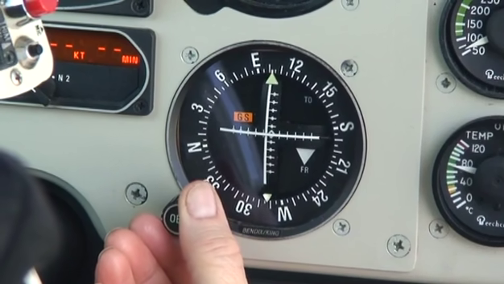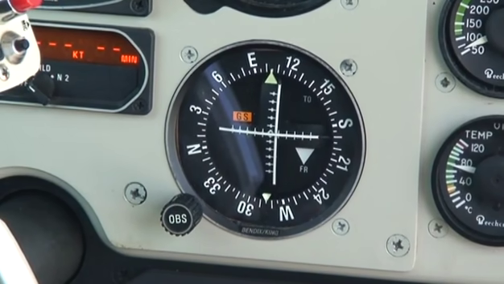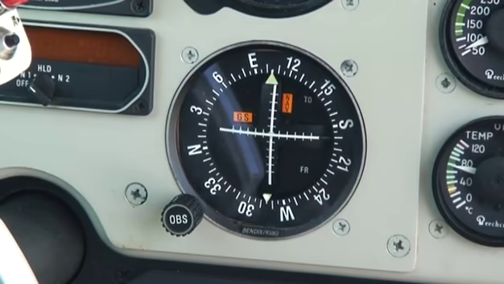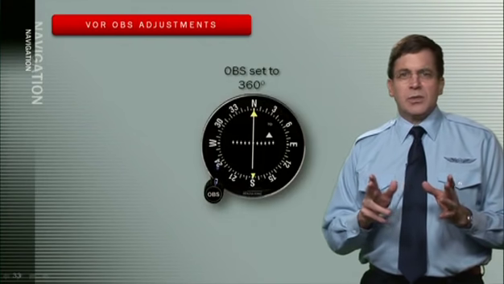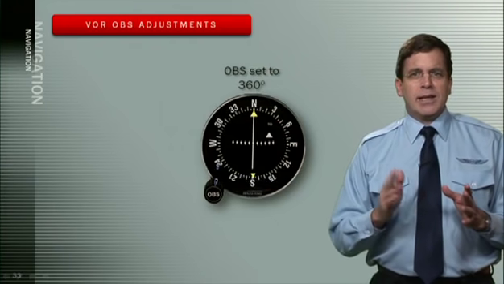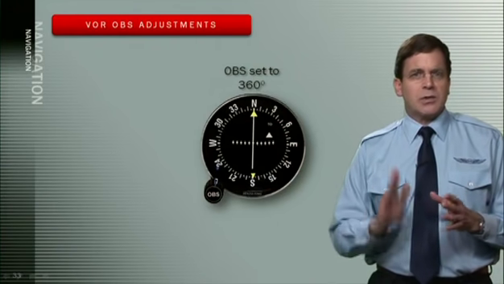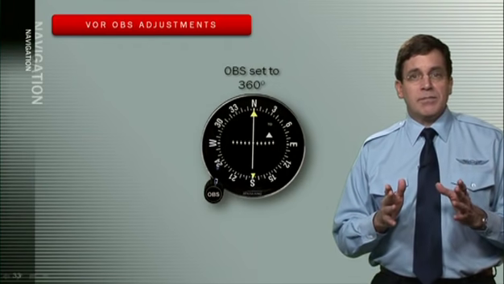The nav flag warns of insufficient signal strength or an ambiguous radial display. So here's how it works. With the OBS set to 360 degrees and the aircraft tracking directly to the station towards the 360 degree radial, the CDI needle is centered.